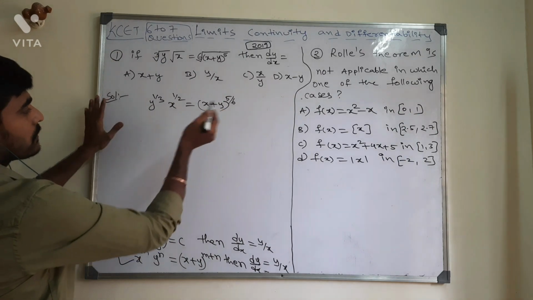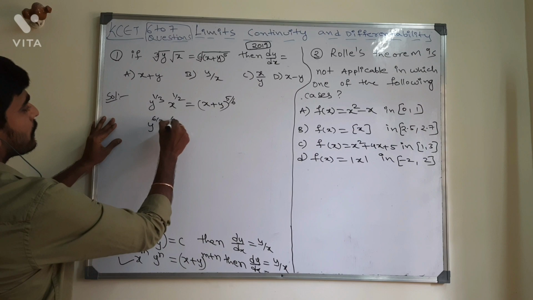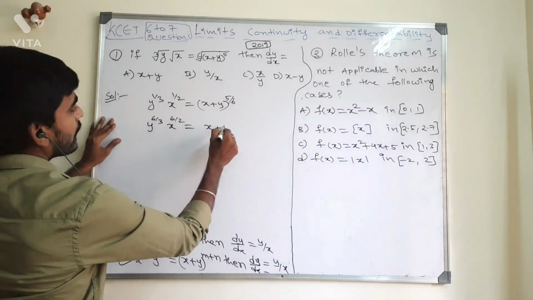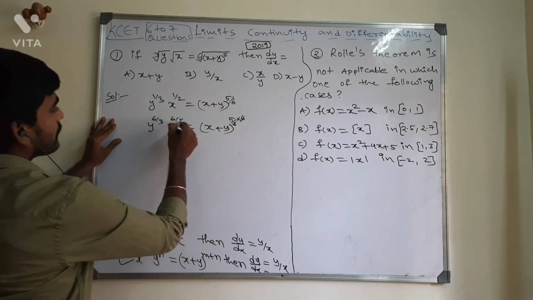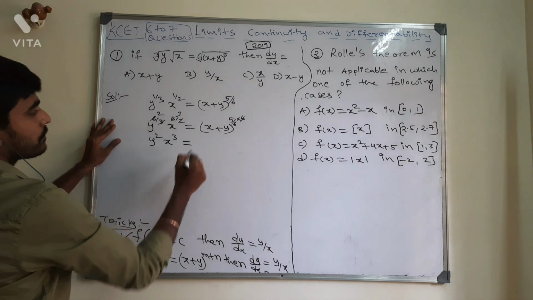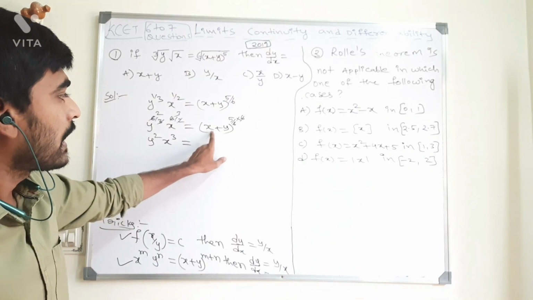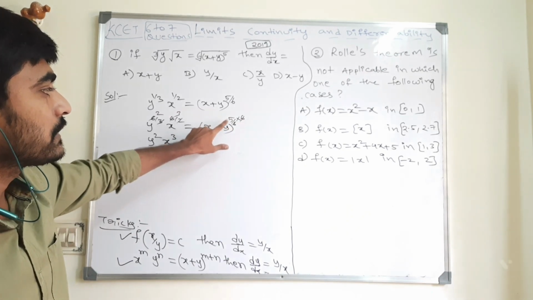So I multiply the powers on both sides by 6: y power 6 by 3, x power 6 by 2 equal to x plus y whole power 5 by 6 into 6. The 6 gets cancelled, so y square x cube equals x plus y whole power 5.